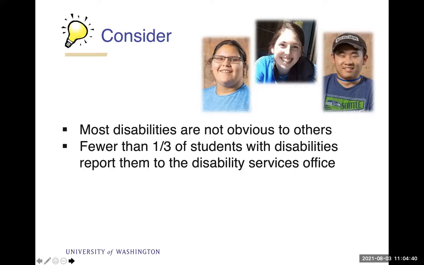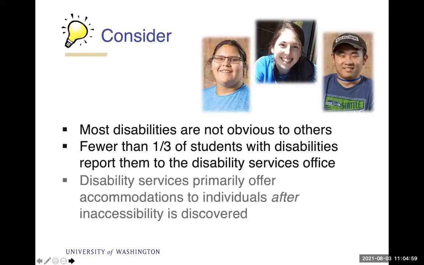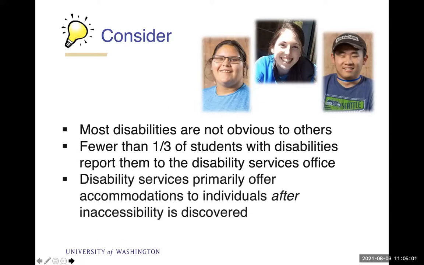But it's unfortunate, but it's important for us to know, tuck that away, that there are students in your class with disabilities that could benefit from accommodations, but are afraid to ask for them. And so universal design, as you'll see, reaches those students and the students that don't report them to the office at all. The disability is not known to you, but universal design reaches those students as well.